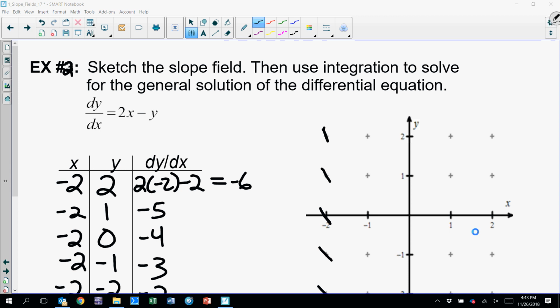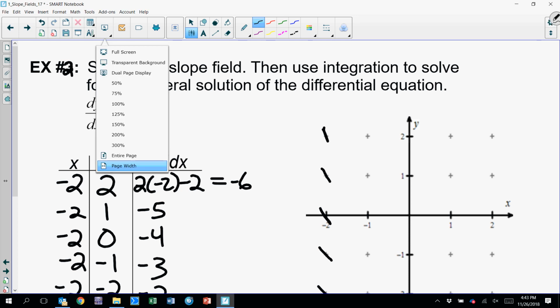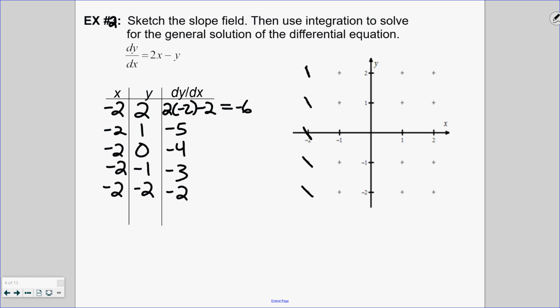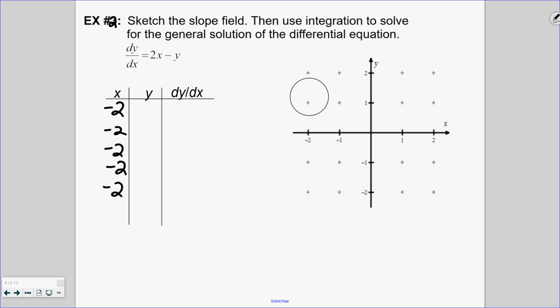Okay, I just realized that this does not match your paper, so you can just erase this. We're going to do this again because that's not the right problem, and we can't actually finish this problem if we do it that way. So the problem is supposed to be 2x minus y dy dx equals 0.